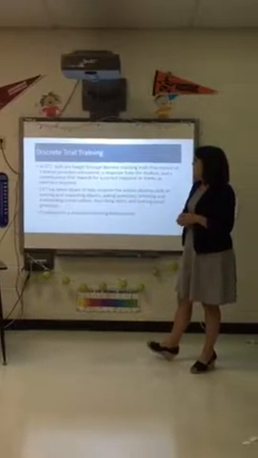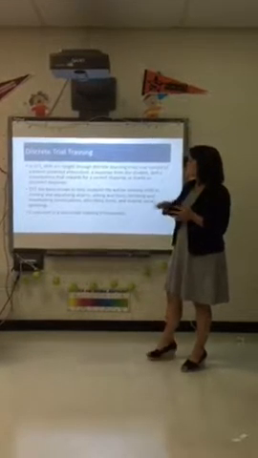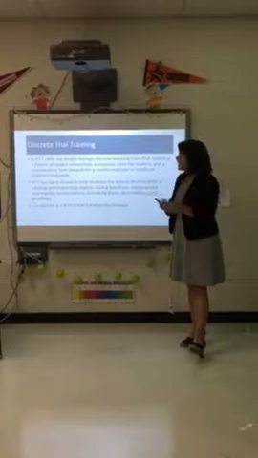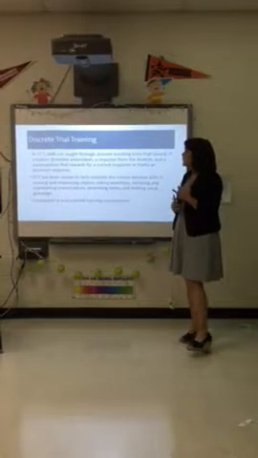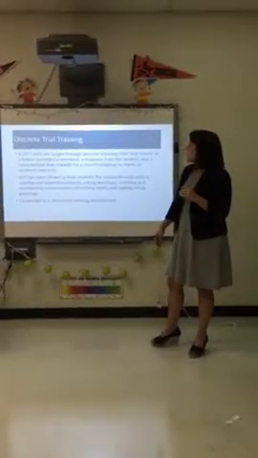In discrete trial training, skills are taught through discrete teaching trials that consist of a trainer-provided antecedent, a response from the student, and a consequence that rewards a correct response or marks an incorrect response.